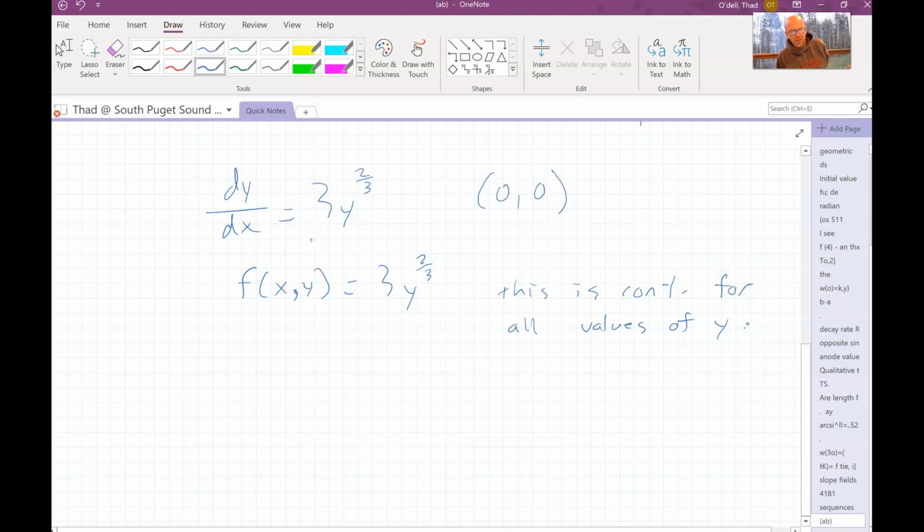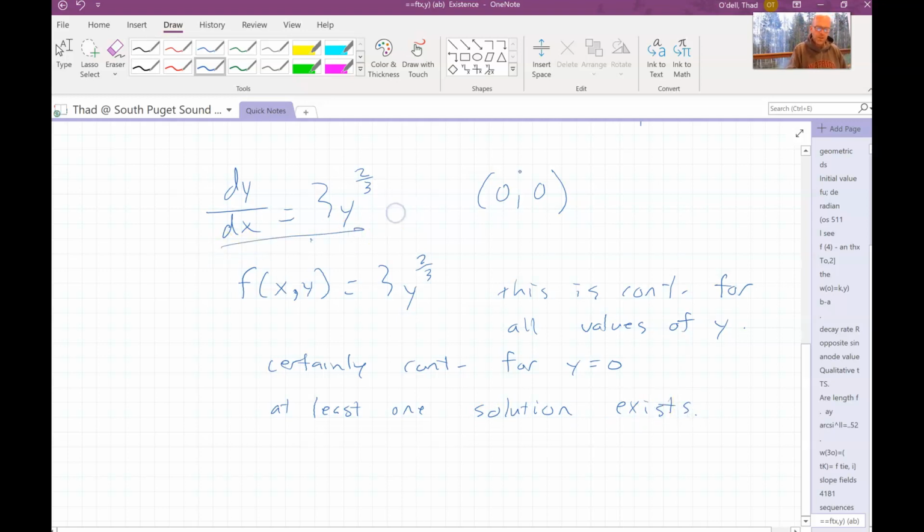Since it's continuous for all values of y, it is certainly continuous at y equals 0, and we can easily find a neighborhood around it. So that means at least one solution exists to this differential equation that goes through that point. That was part one, the test for existence.